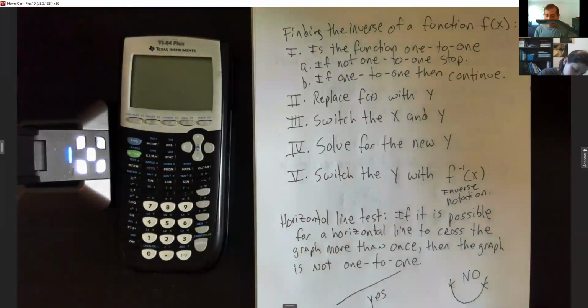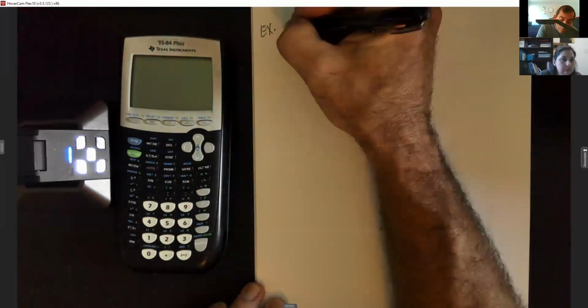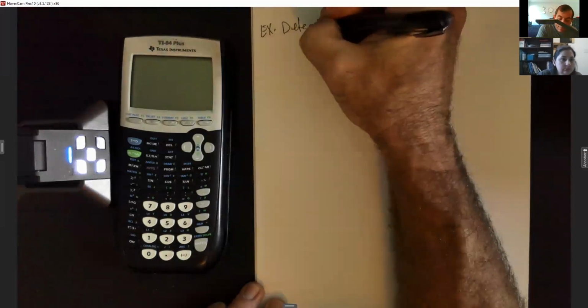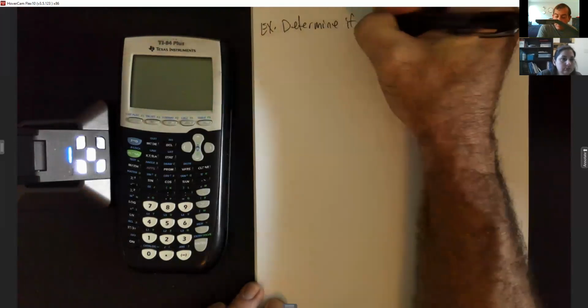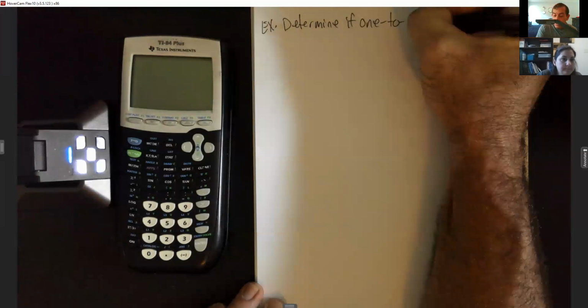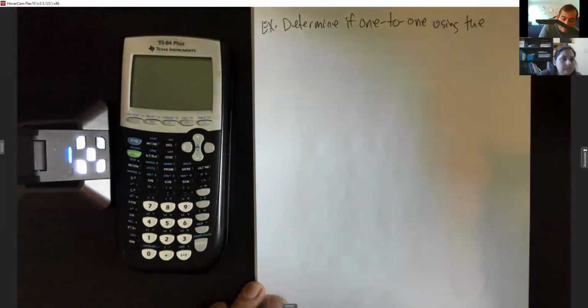So before I actually work those, I'm going to do an example or two on this horizontal line test. So I'm going to determine if 1-to-1 using the horizontal line test.